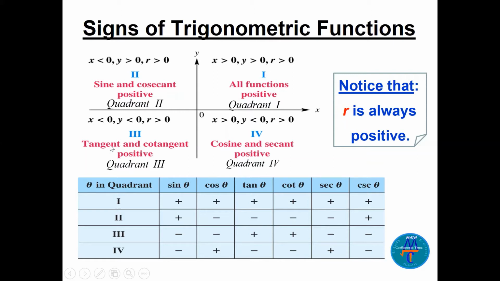In quadrant 3, tangent is positive because tan is y over x and cotan is x over y. X and y are negative in quadrant 3, so tangent is positive, cotangent is positive. Cosine in quadrant 4 is positive and secant is positive because they are related to x. Now this is the same table here that I explained in the quadrants. You can just read it there.